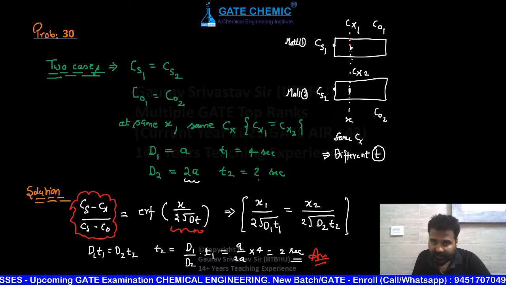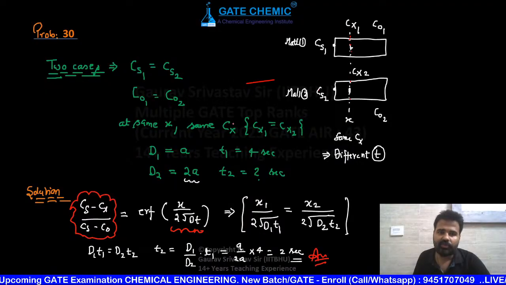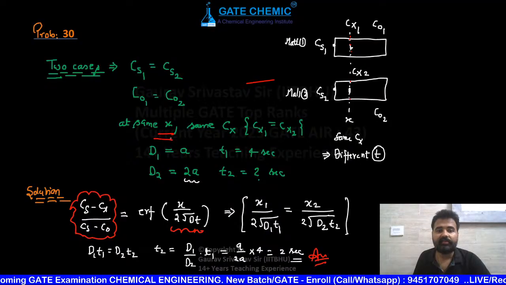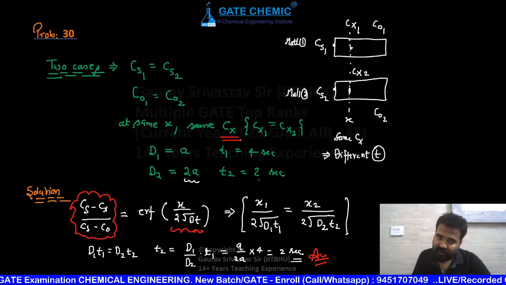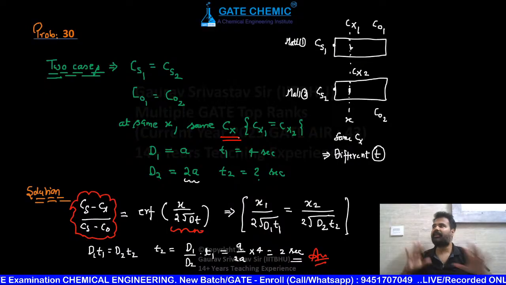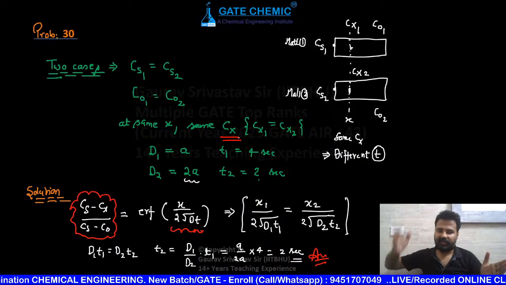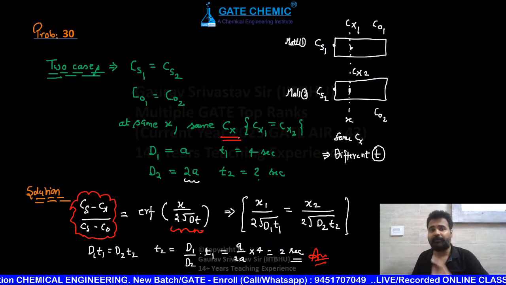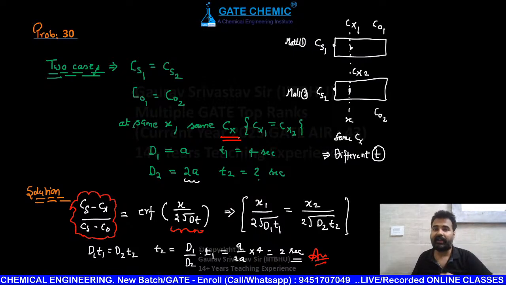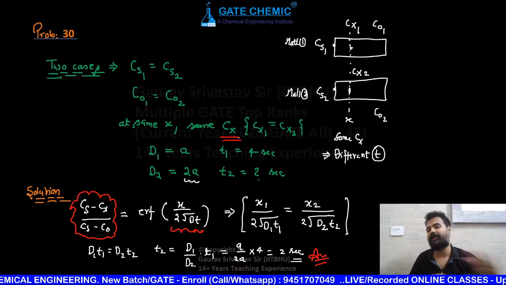They are asking at this distance x1 here, and in the second case x2, and x1 equals x2, at the same x. They are also asking for the same Cx. That means one has sulfur and one has carbon, so for the same Cx at the same x, how much time will each take, or if one takes this much time, how much will the other take?